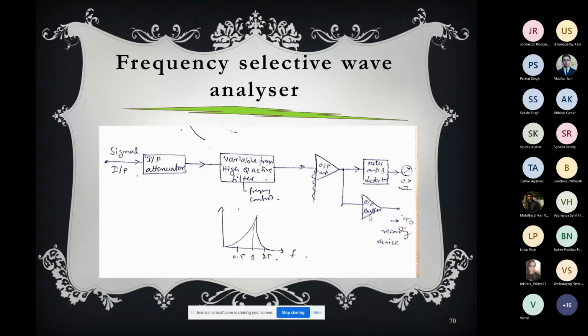So the main concept behind this, again, I am repeating, although you read a lot in the signals and systems course, still I am repeating once more: it can be shown that any time domain signal is a sum of many sinusoidal waves.